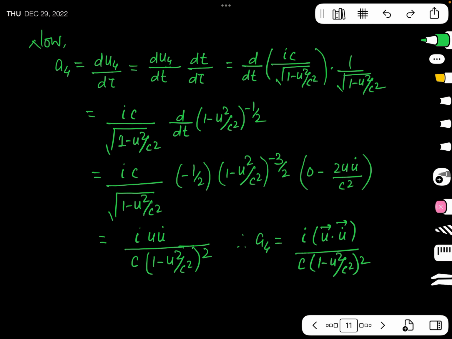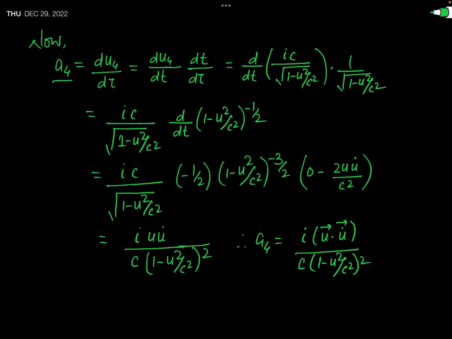Let us see. The fourth component, which is denoted by the symbol A4, is defined as du4 by d tau. Again, this du4 by d tau will be written as du4 by dt times dt by d tau. But you have just learnt that u4 is equal to this much, ic divided by root over 1 minus u square by c square.